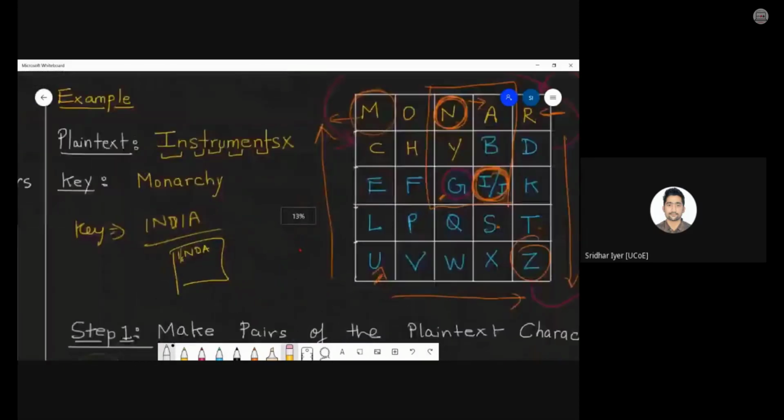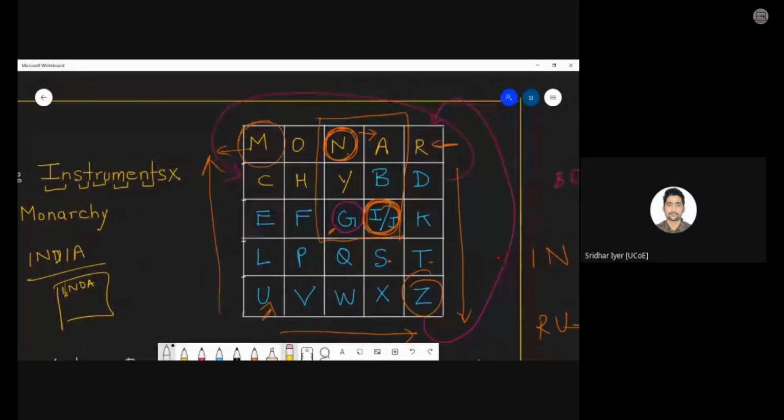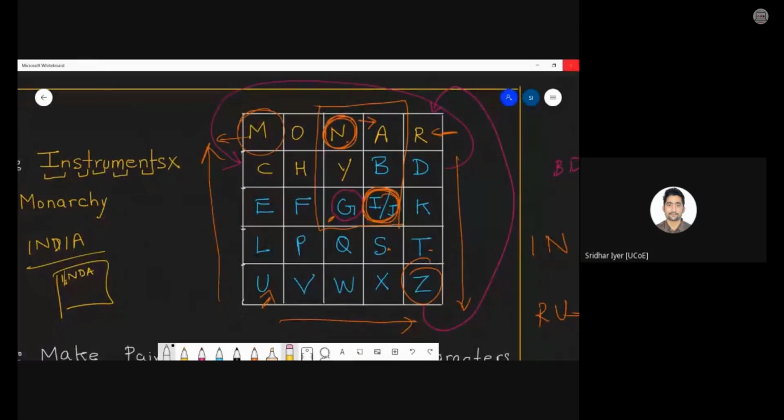And regarding one more doubt, I came across many of you. This particular box is of 25 characters, and we are already adding the extra character J along with I. So what happens? We can see that it is a clear-cut, snug fit. Whatever 25 characters are there, they are fitting exactly within those 25 boxes.